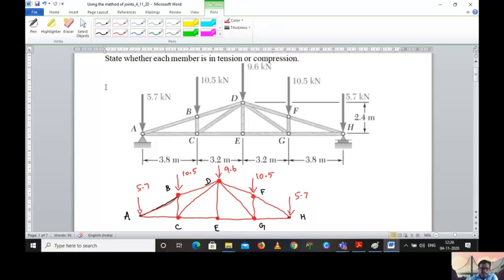So you know that we are having two supports, one support at point A and another support at point H. This one is a pin joint and this one is a roller support.